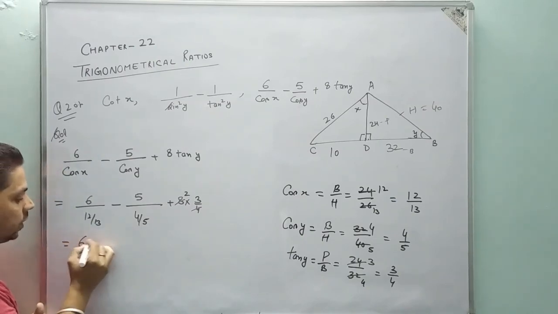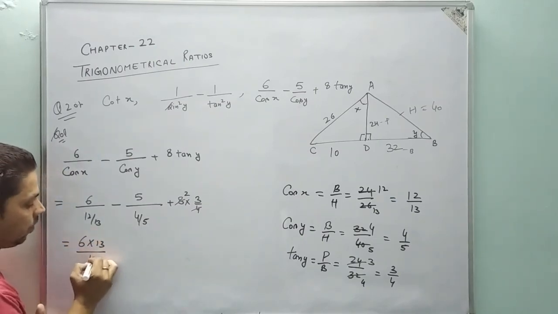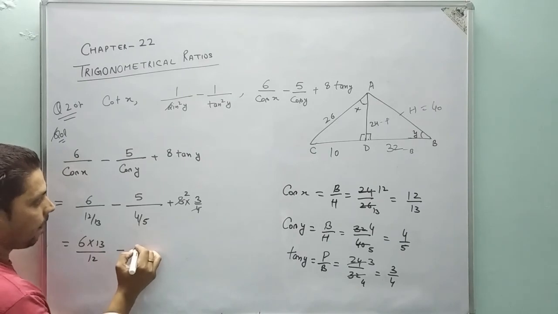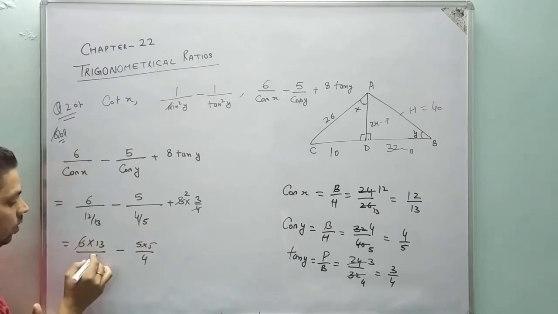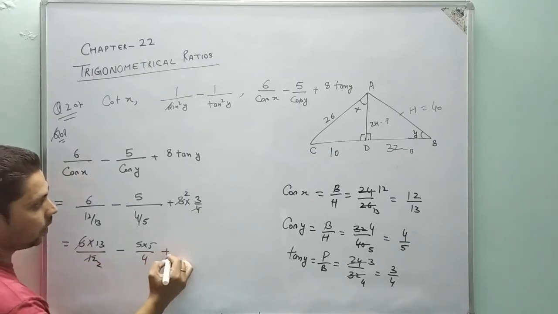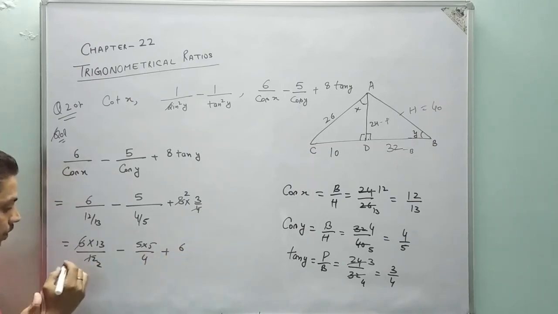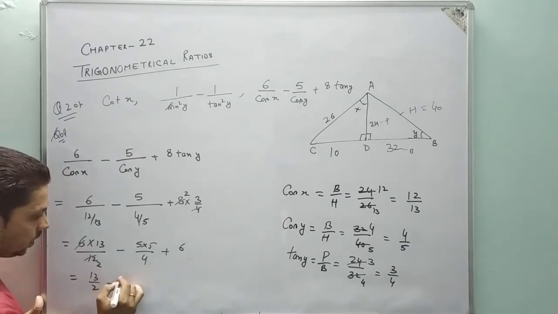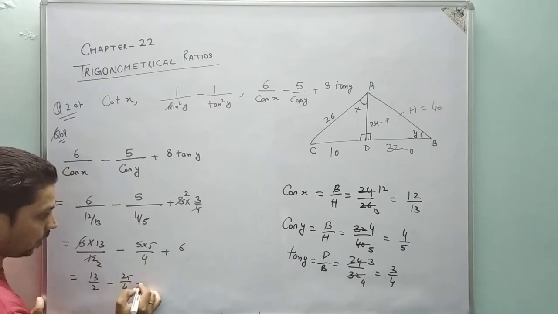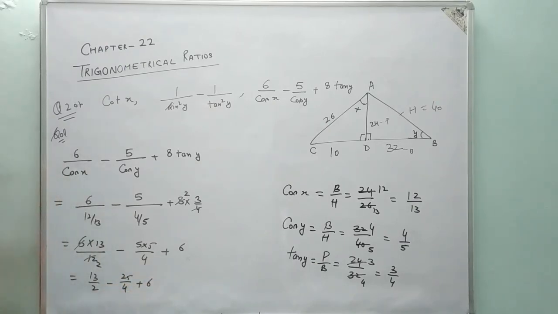It will give you 6 multiplied by 13 by 12 minus 5 multiplied by 5 upon 4 plus 8 times 3 by 4, which is 6. So we have 13 by 2 minus 25 by 4 plus 6 here.